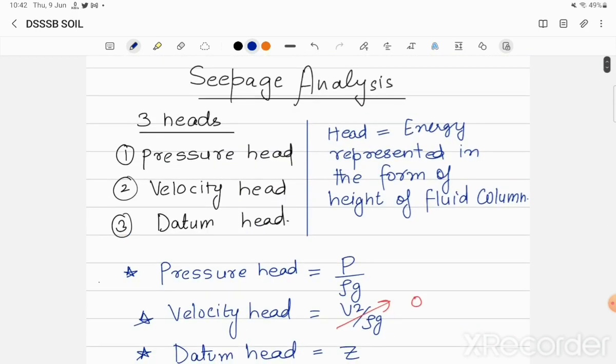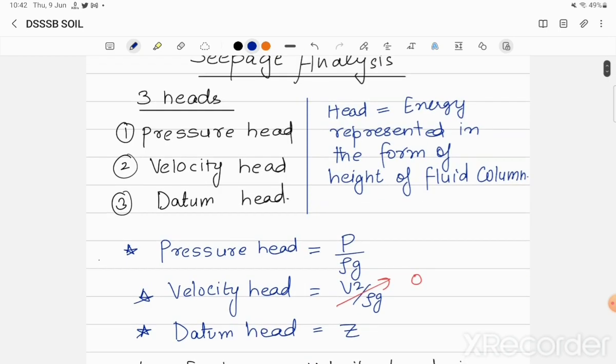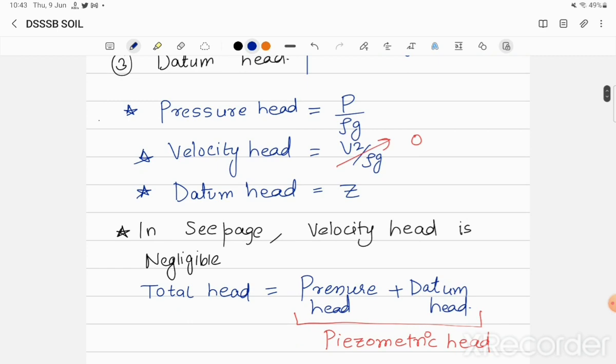So we have discussed three heads which we generally consider with the fluid flow. Those are pressure head, velocity head and datum head. What is head? Head is the energy represented in the form of height of a fluid column. It can be water, it can be any other liquid. Pressure head is represented by P by rho g. All of this is actually from FM, Bernoulli's equation.